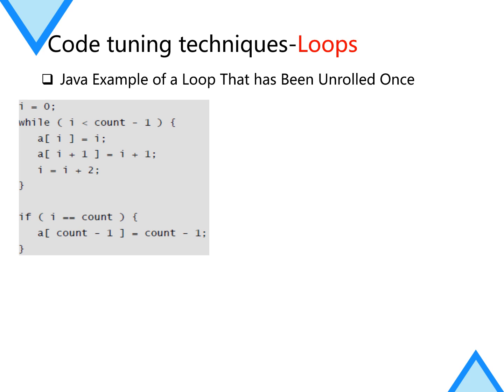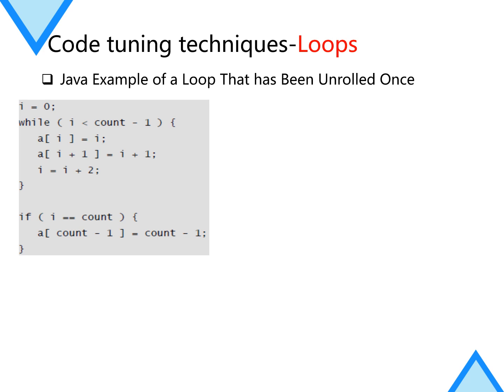Java example of a loop that has been unrolled once. So here we reduce the condition to I less than count - 1. Previously it was running up to count, but now it will run up to count - 1. So we reduce the loop running by a factor of 1, meaning we save one iteration but we increase the lines of code.